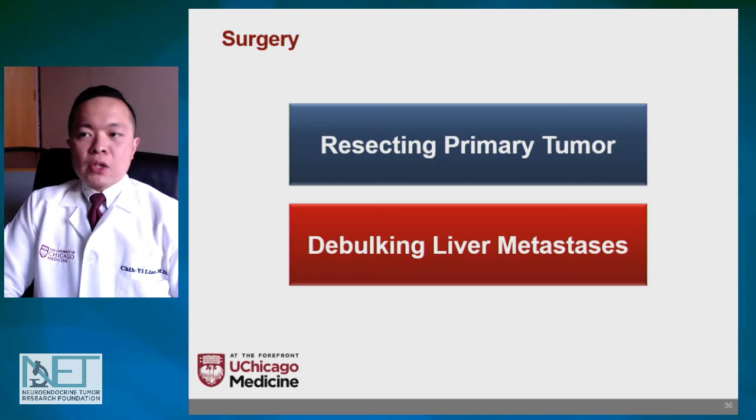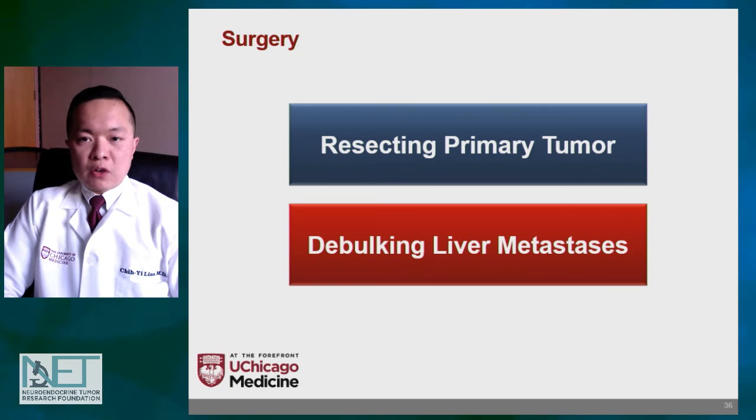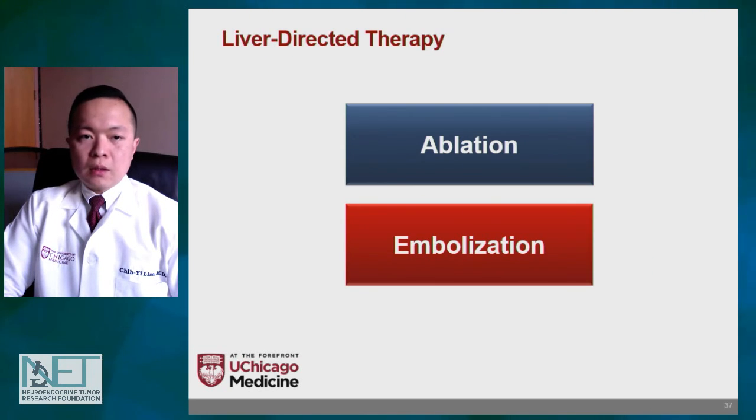When we think about treatment, surgery is one of the treatment modalities we use in neuroendocrine tumors, and that involves both resecting the primary tumor but also debulking liver metastases. There is also something called liver-directed therapy, which are treatments we do directly to liver tumors.